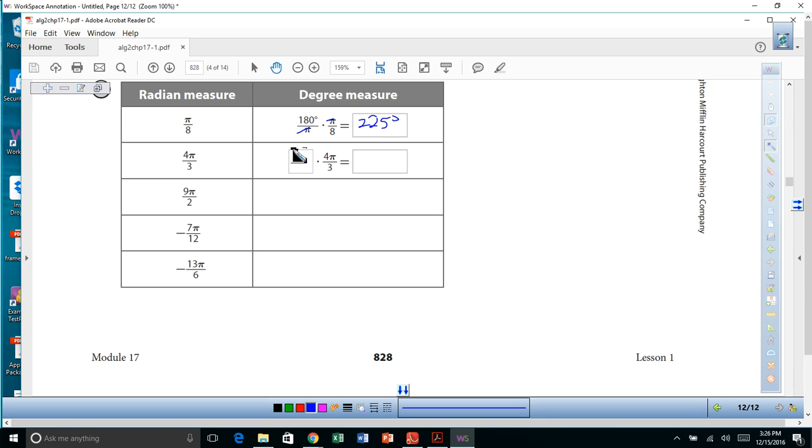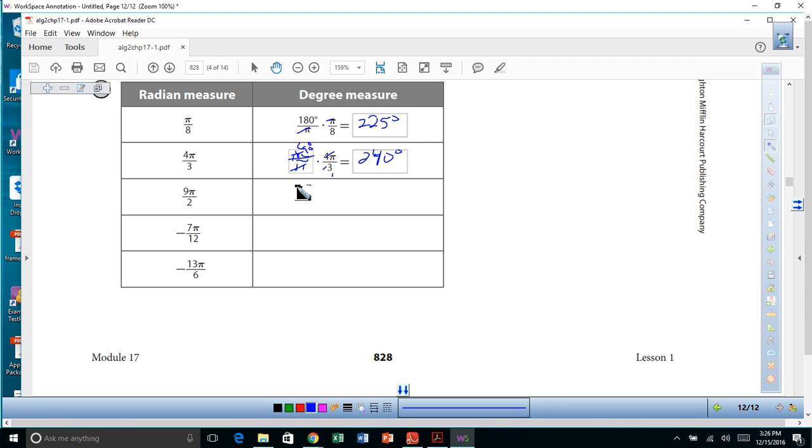Here we're going to put 180 degrees over pi, and of course the pi's are going to cancel out, and 3 becomes a 1, and that becomes a 60. So I get 240 degrees.